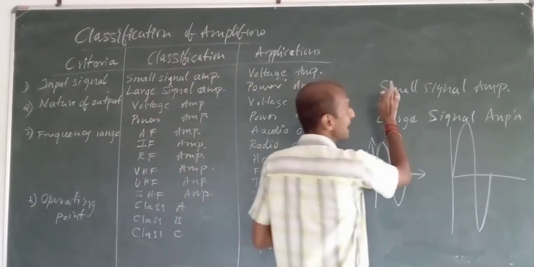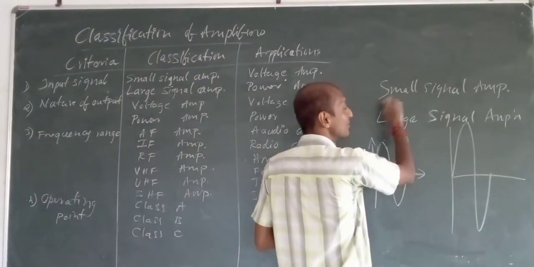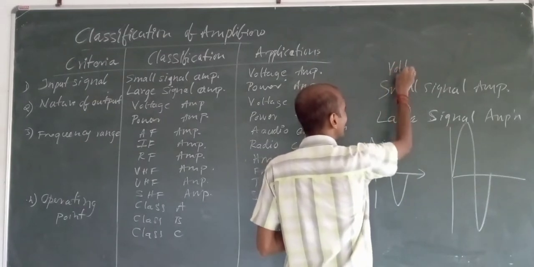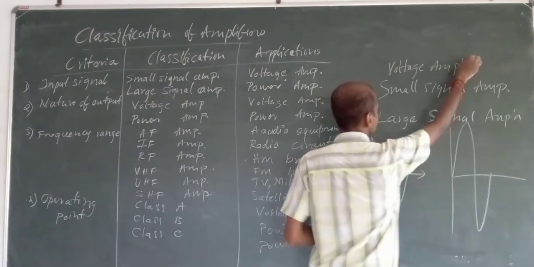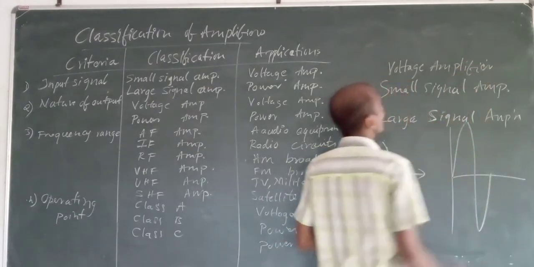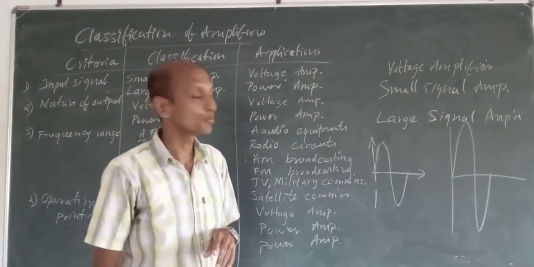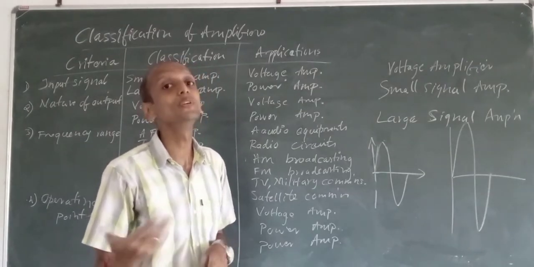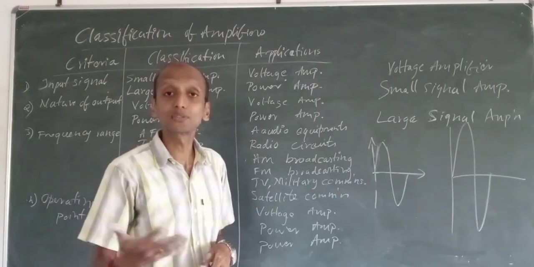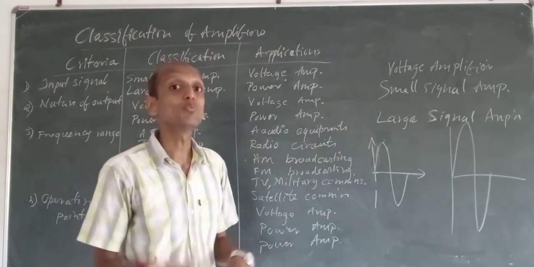For small signal amplifiers, we call them voltage amplifiers. Small signal amplifiers are called what? Voltage amplifiers, because a weak signal will be converted into a strong signal of larger voltage.